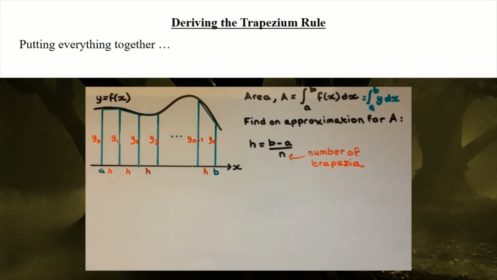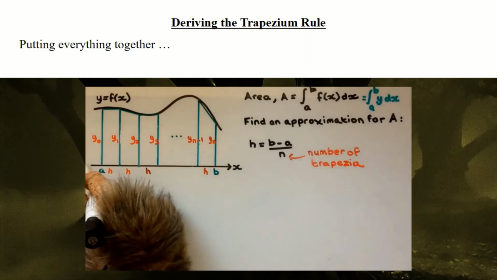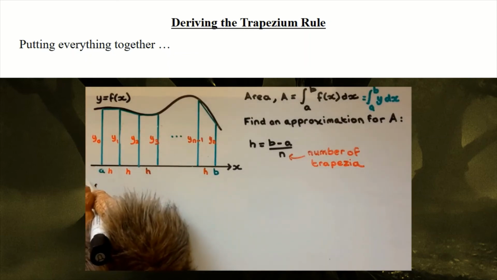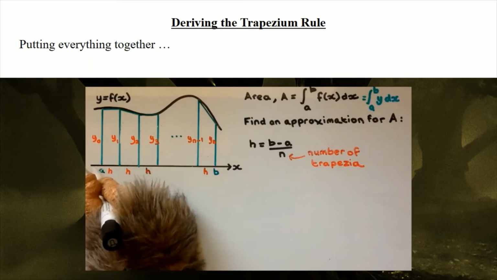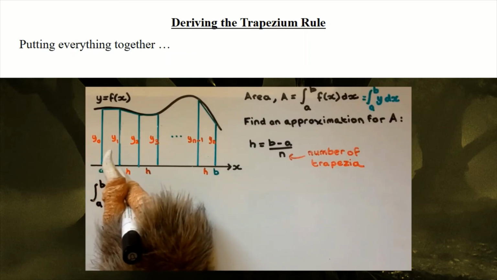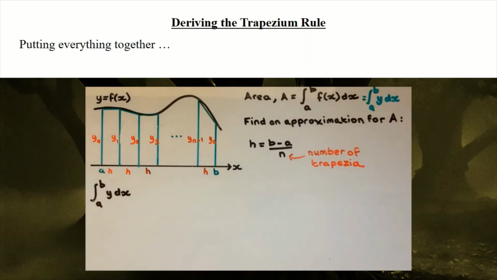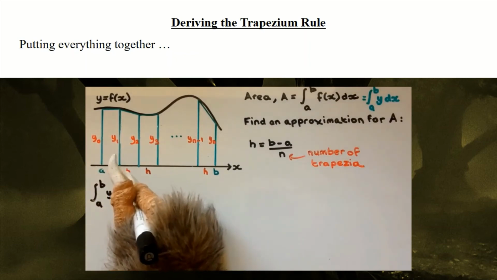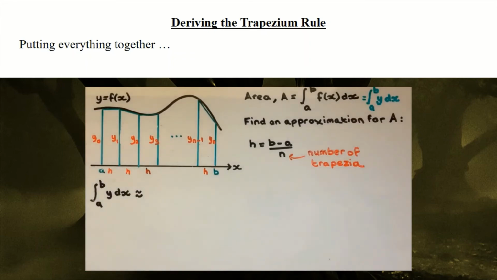Alright, so to actually calculate this, approximately of course, we're going to have the integral from a to b of y dx, like so, is going to be approximately the same as the sums of all the areas of all these n trapezia.